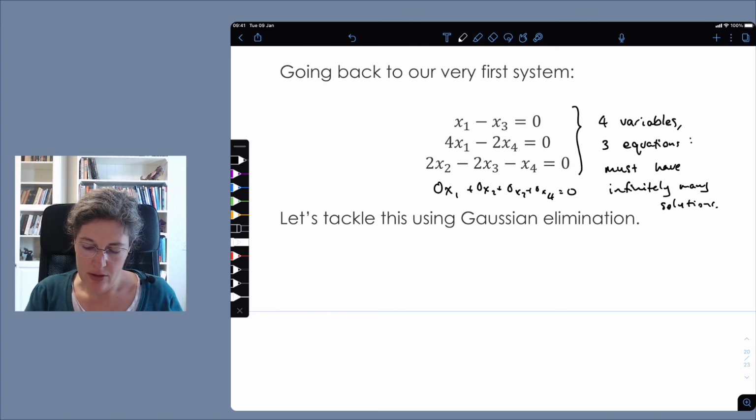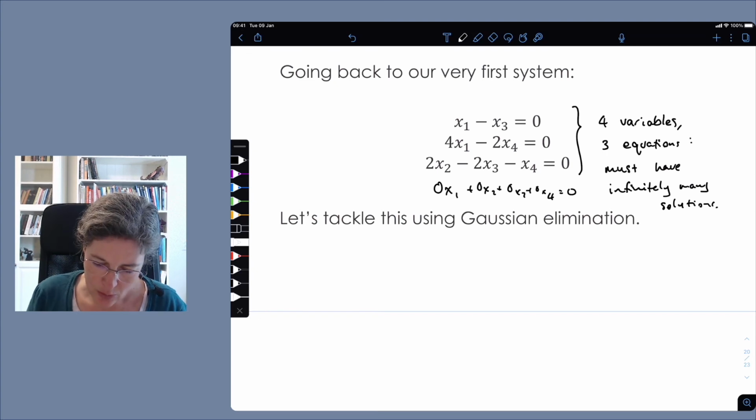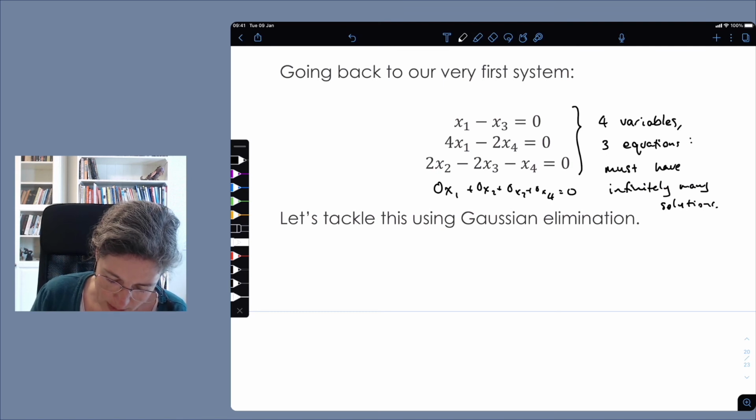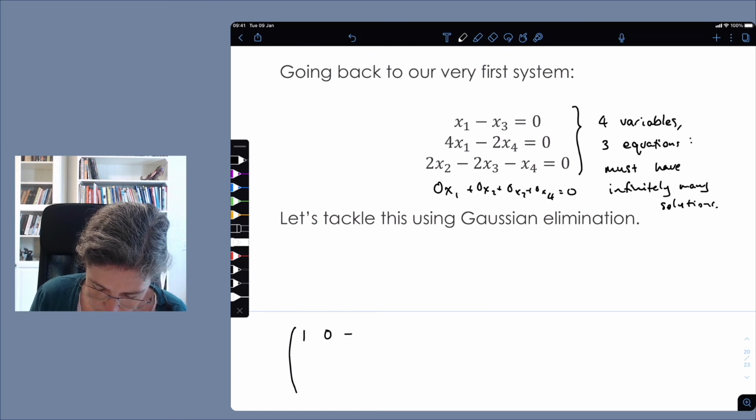But to see why this is useful and why you would want to use this in chemical reactions, let's do a little bit of work. So I'm going to write out the augmented matrix. So we've got a 1 and a 0 and a -1 and a 0.